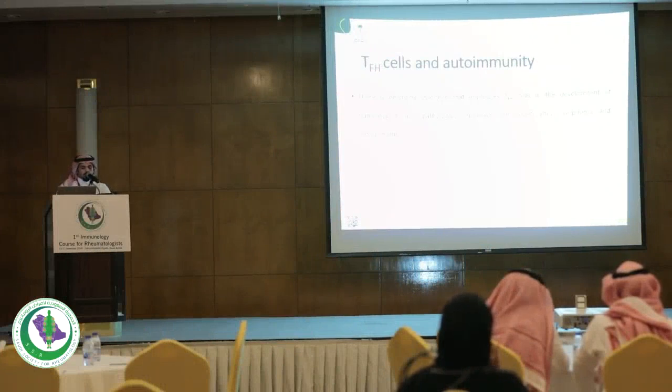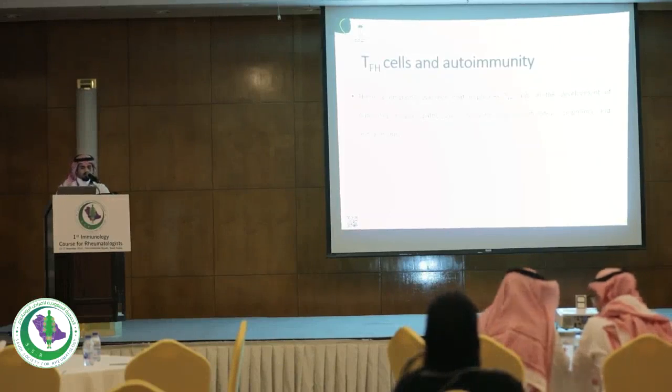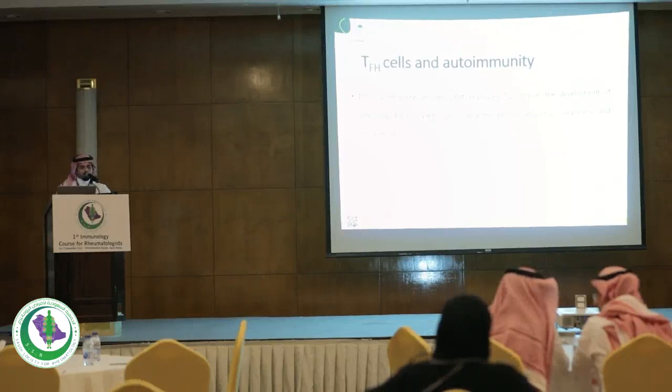Now I'll be talking about some published data on T follicular helper cells and autoimmunity. There has been lots of emerging evidence implicating T follicular helper cells in the development of numerous human pathologies, including immunodeficiency, lymphoma, and autoimmunity.